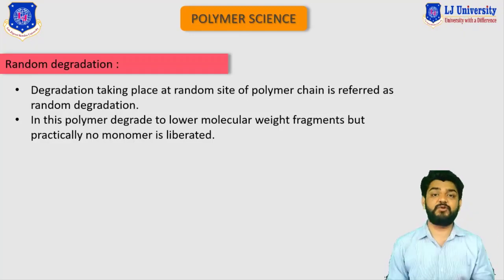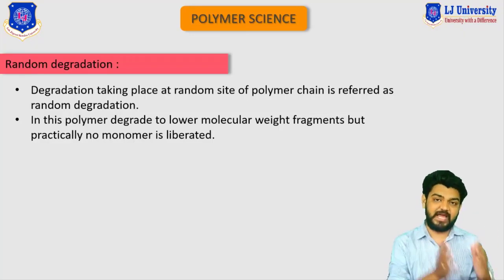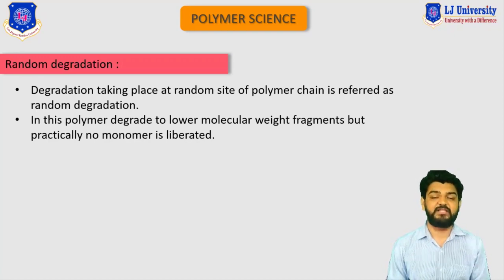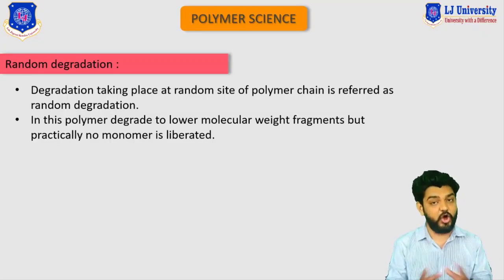As in the case of chain end degradation, your degradation starts from the end of the chain. But in the case of random degradation, there is no specific point. It can take place anywhere along the long chain.